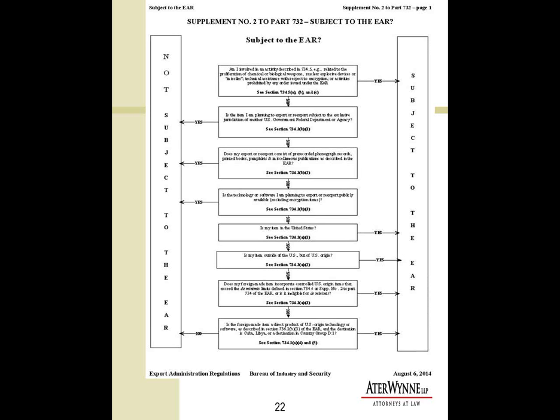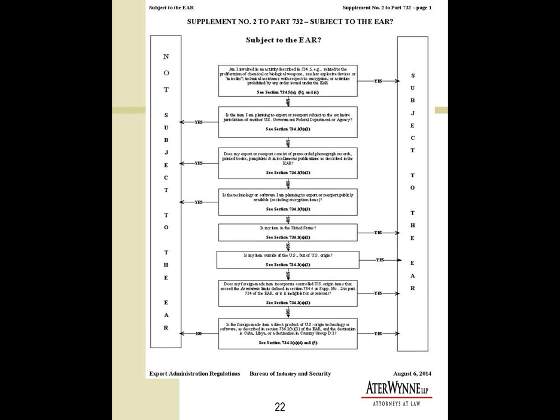Are we dealing with products that are subject to export or re-export because of requests from the U.S. government? Does the export consist of, when they say pre-recorded phonograph records and other things, they're talking about public domain information and publicly available educational information that may not be subject to the U.S.